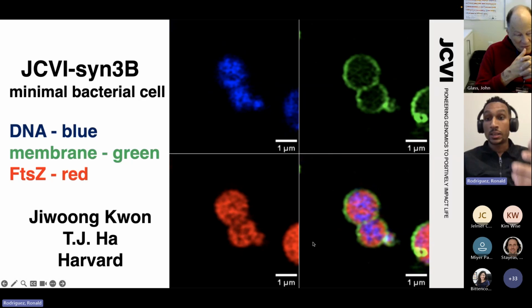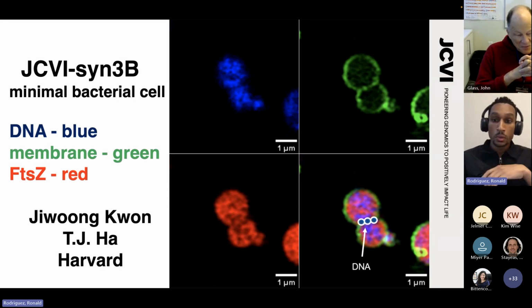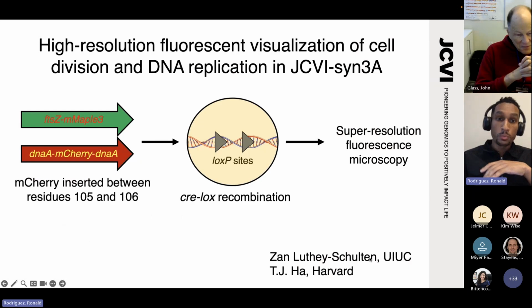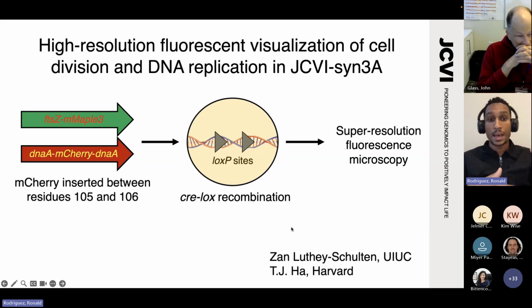Because this data suggests that there might be multiple planes of cell division in the minimal cell, we don't know where the cell is initiating DNA replication. So what we want to do, what I've been working on, is trying to design an experiment that allows us to simultaneously visualize cell division and DNA replication in the same cell.